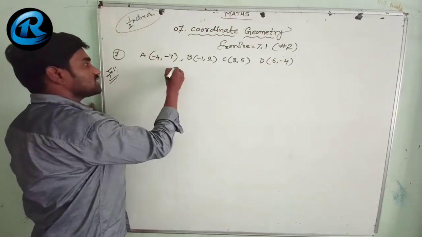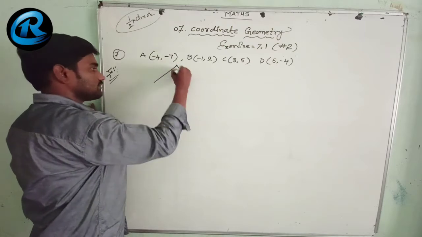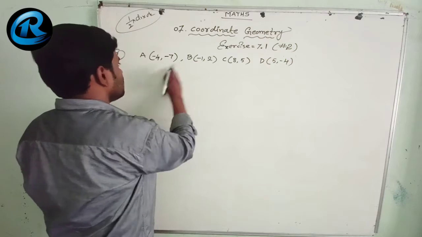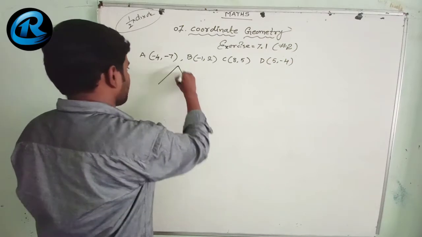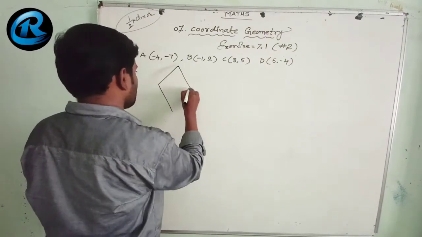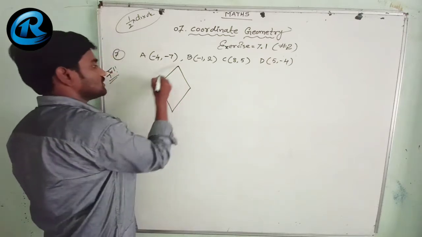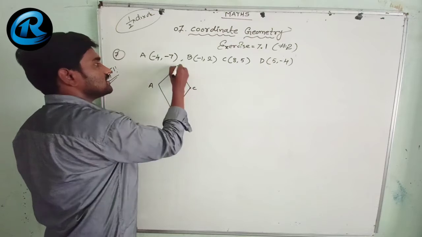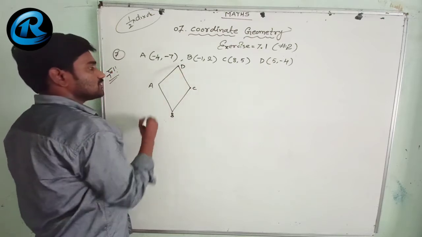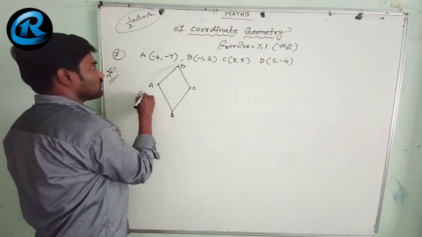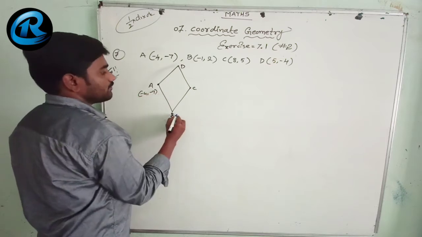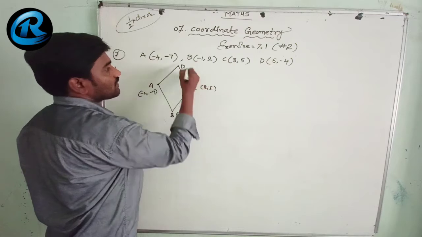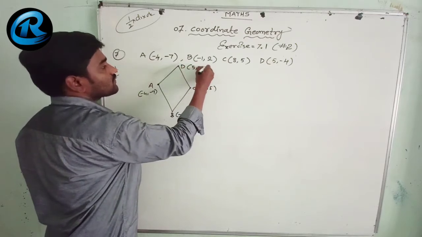First of all, let us take these points in order, and we'll draw one rhombus first. Suppose this is the vertex A, this is B, this is C and this is D. So A is minus 4 comma minus 7, B minus 1 comma 2, C 8 comma 5, D 5 comma minus 4.